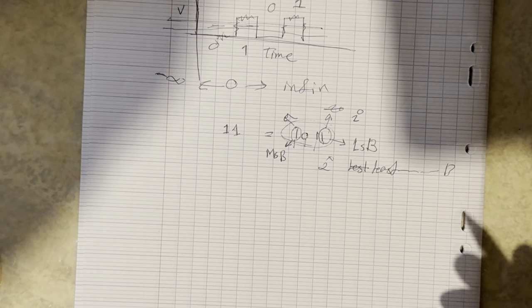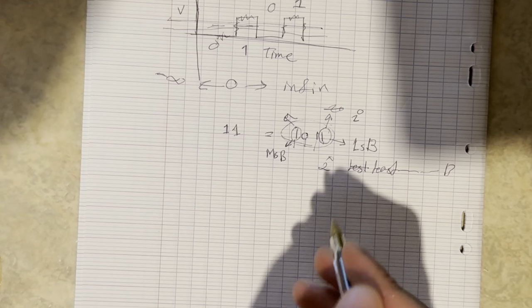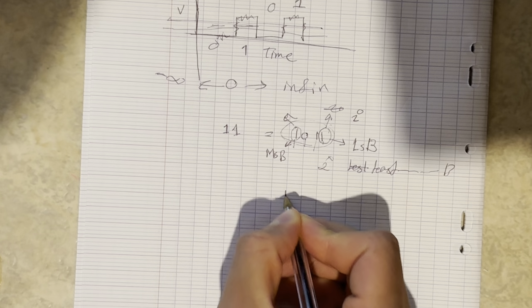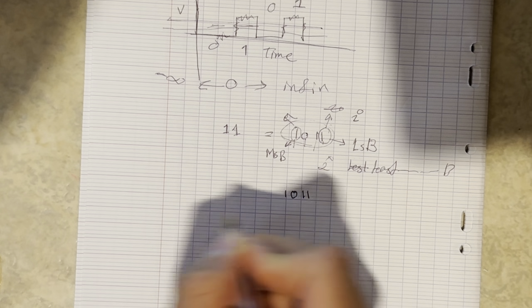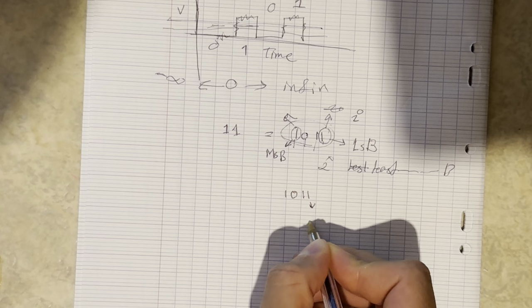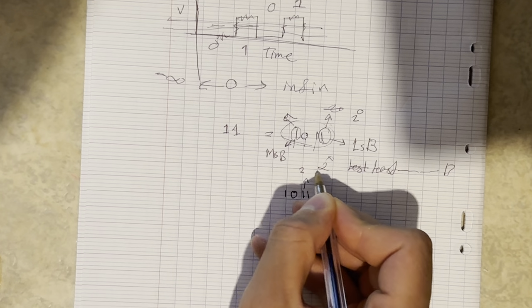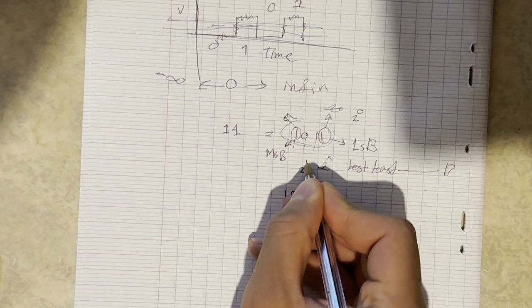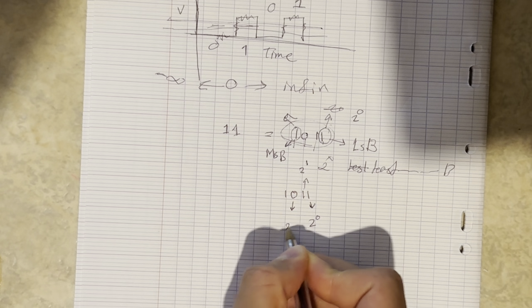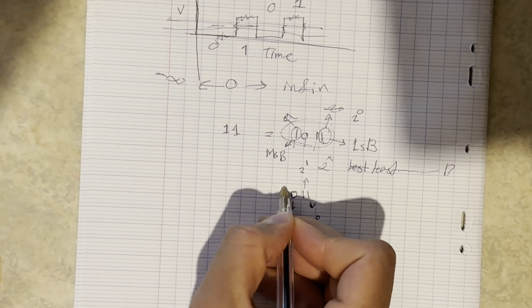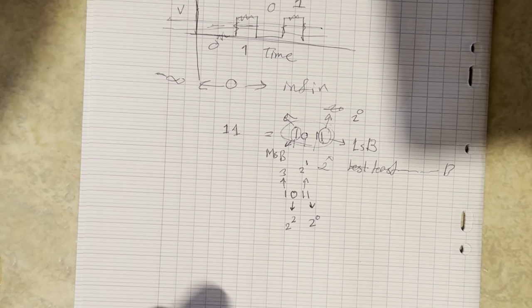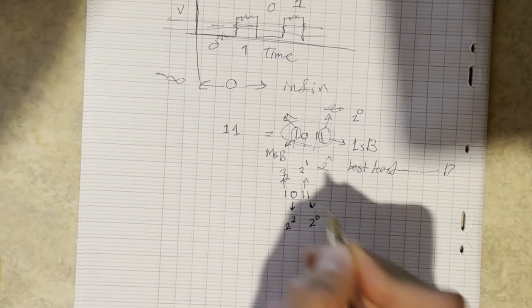So in 1 0 1 1, this is to the power of 0, this to the power of 1, 2 to the power of 2, and 2 to the power of 3.